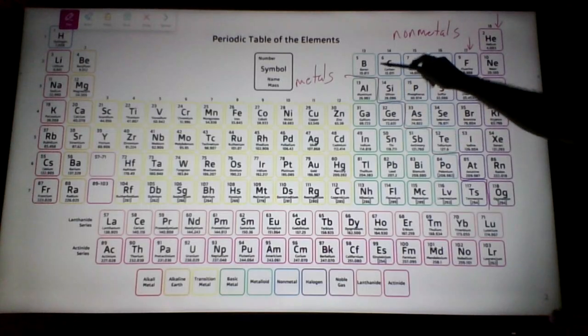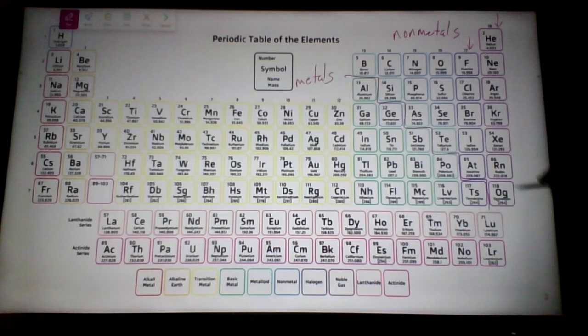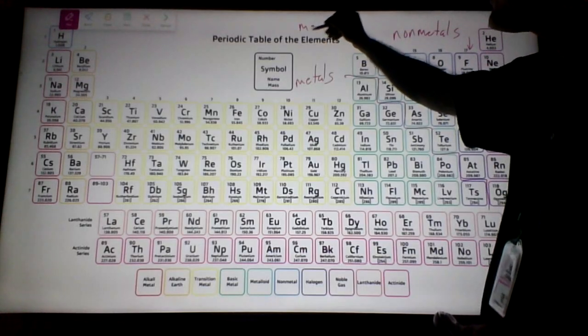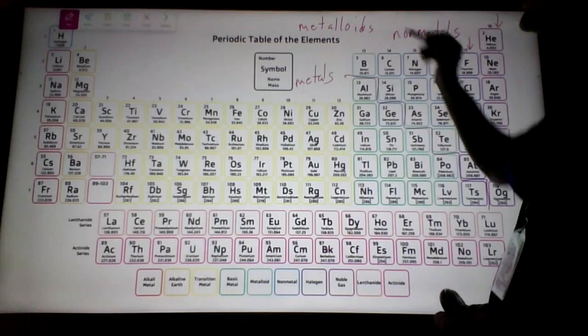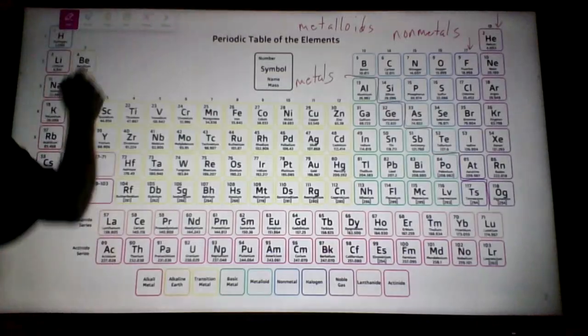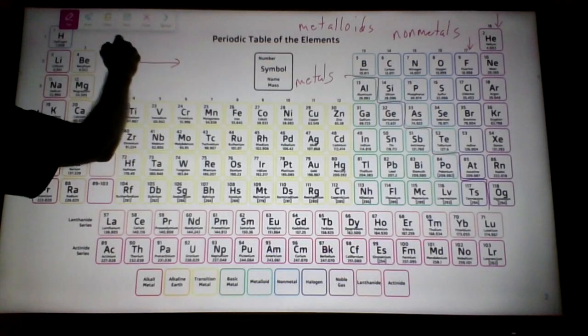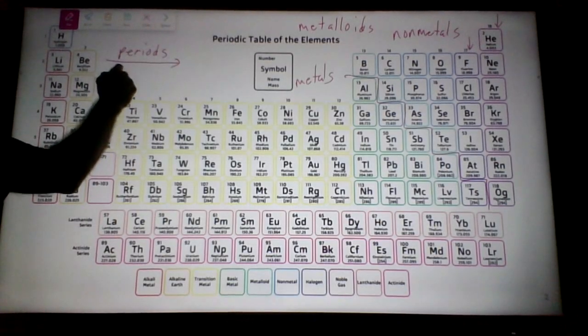Now you look at all these elements here that touch the staircase. These are called metalloids, and again we're going to define those a little bit on the next page. During this set of notes, we're also going to talk about periods, which are the rows that go across, and groups or families.